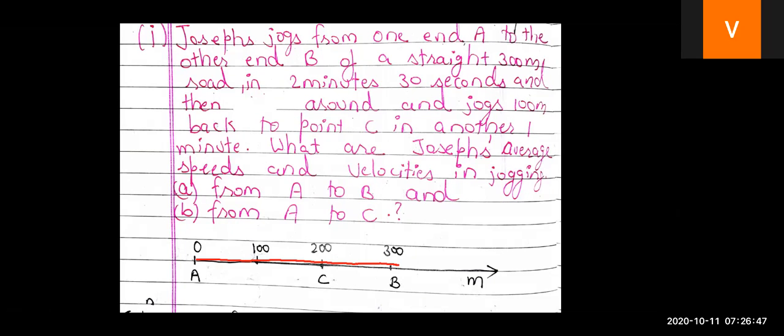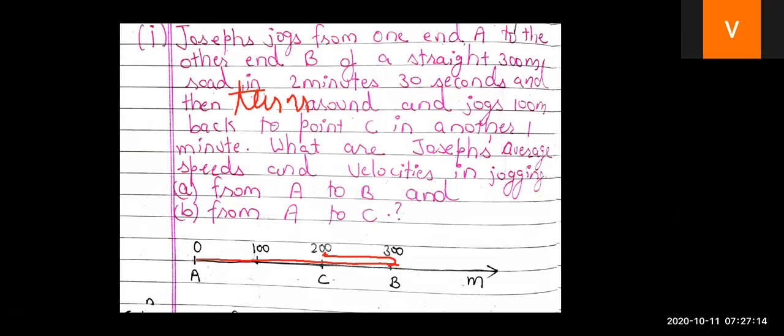And then he turns around and jogs 100 meter back to point C in another 1 minute. Now, what are Joseph's average speed and velocity in jogging?